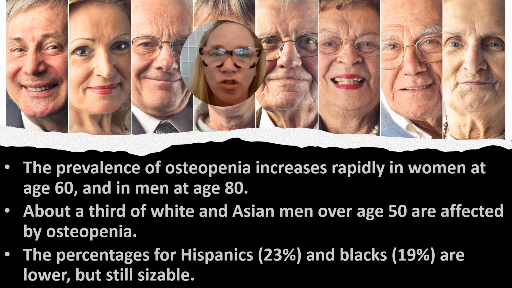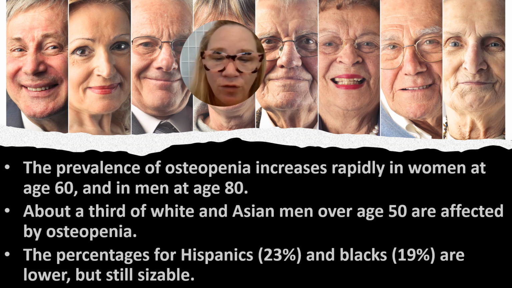And in addition to gender prevalence, we also have a race prevalence with osteopenia and bone mass loss as well. About 1/3 of white and Asian men over age 50 are affected by osteopenia, so it's by race.